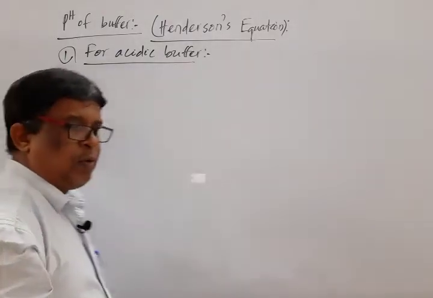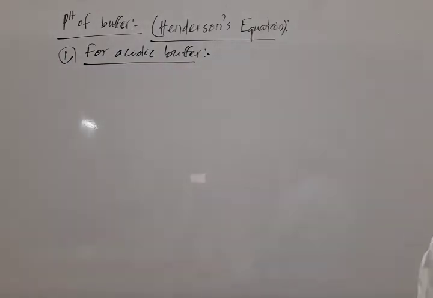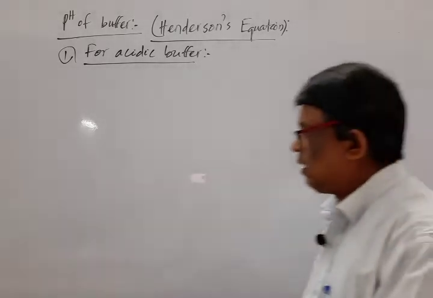What is an acidic buffer? We already completed that. We know an acidic buffer is nothing but an equimolar mixture of a weak acid and its salt of strong base. So let us consider an acidic buffer, which consists of an equimolar mixture of a weak acid and its salt of strong base. Mark that.